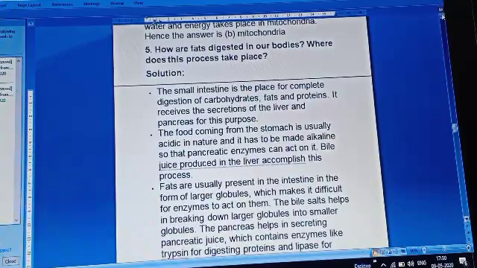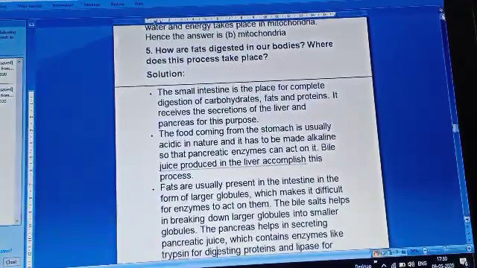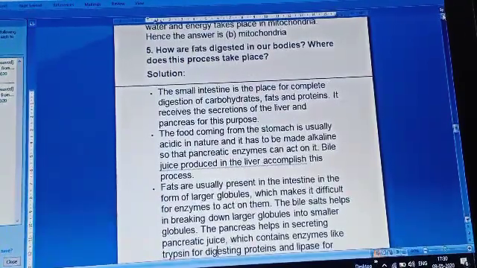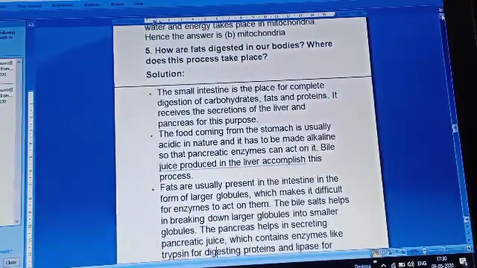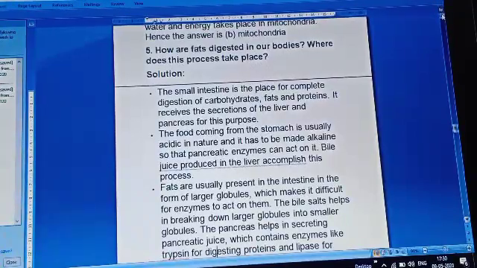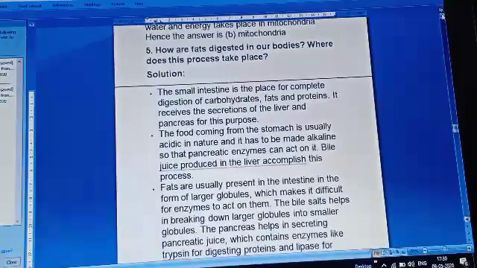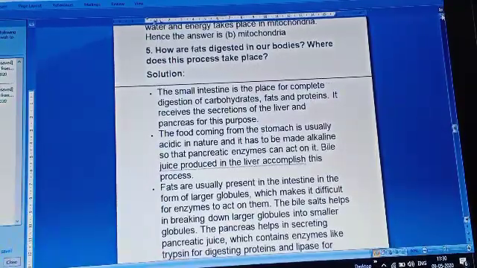Then we have to make it alkaline in nature, because only if it is alkaline can the pancreatic enzymes act on it. Then what is the function of bile? Bile helps in the breakdown of fats, converting larger globules into smaller globules.